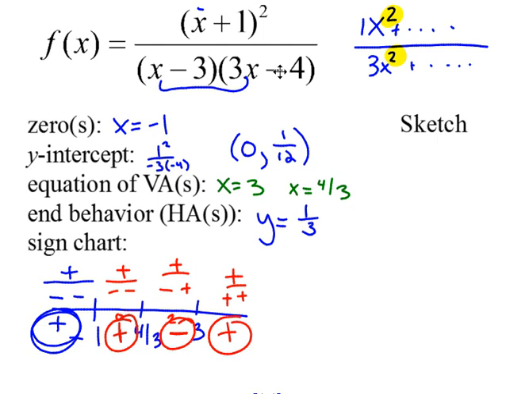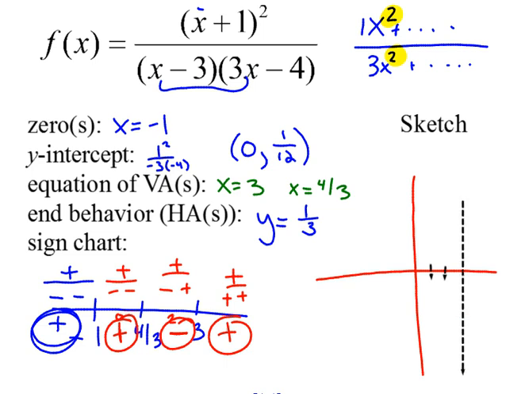All right, now let's sketch it. I like to start with my vertical asymptotes, which are at 3, so 1, 2, 3, and 4/3, which is a little over 1, right? 1 1/3. So I'll just put it a little past 1 there.